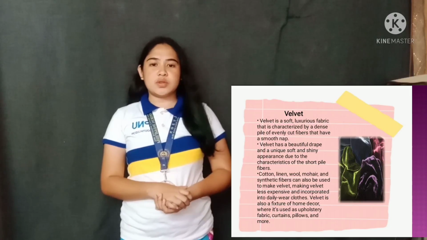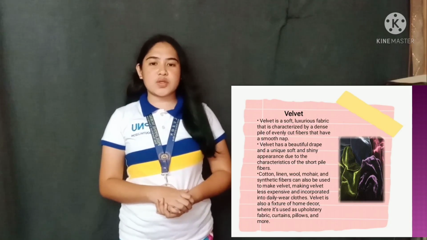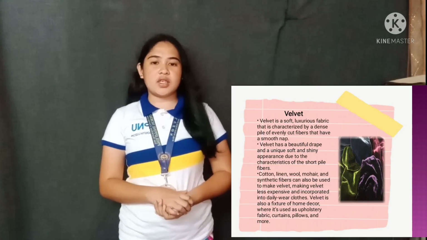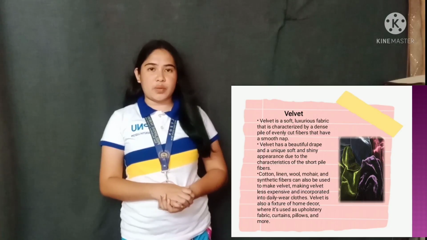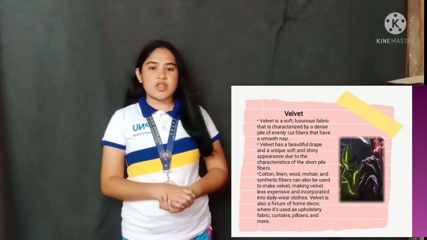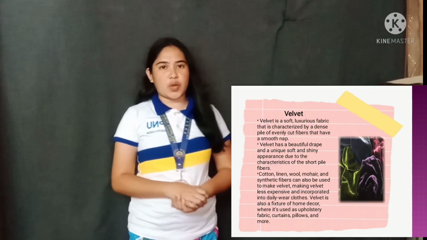Cotton, linen, wool, mohair, and synthetic fibers can also be used to make velvet, making velvet less expensive and incorporated into daily wear clothes. Velvet is also a fixture of home decor where it's used to upholster fabric, curtains, pillows, and more.